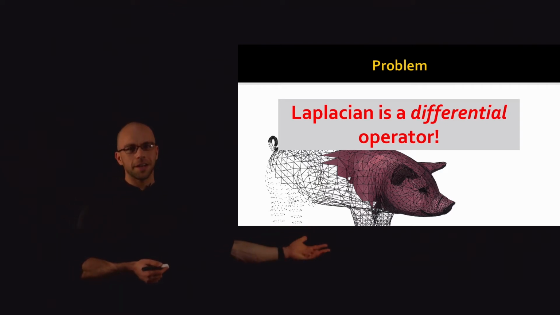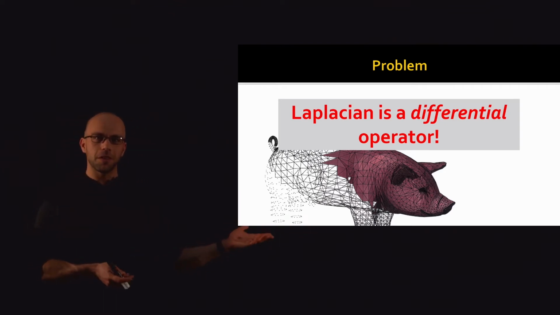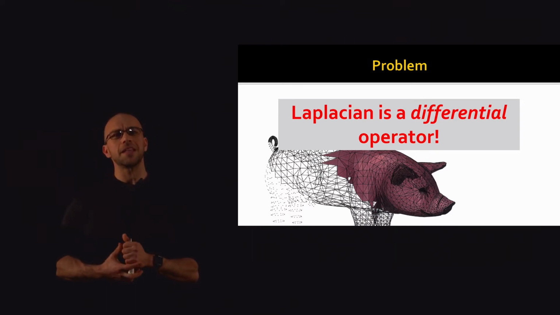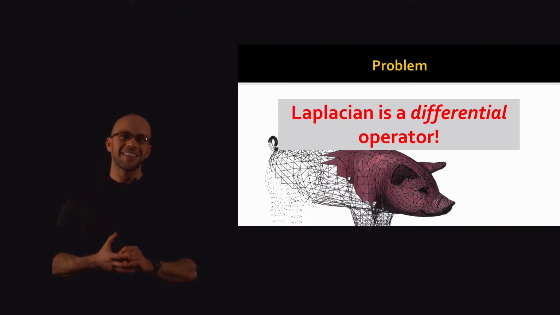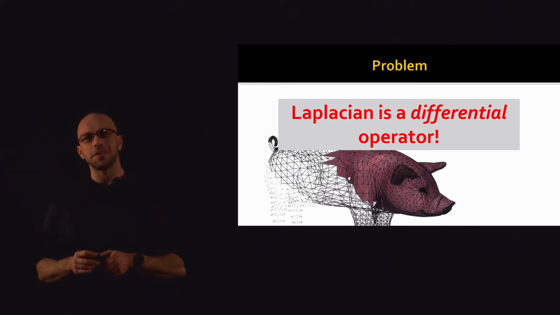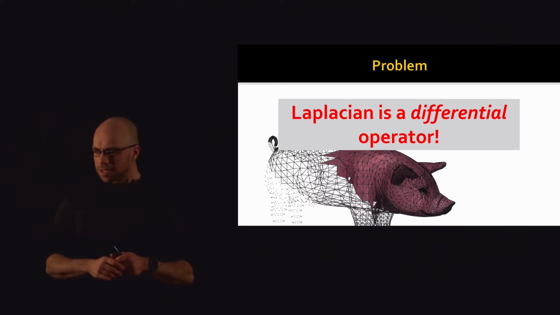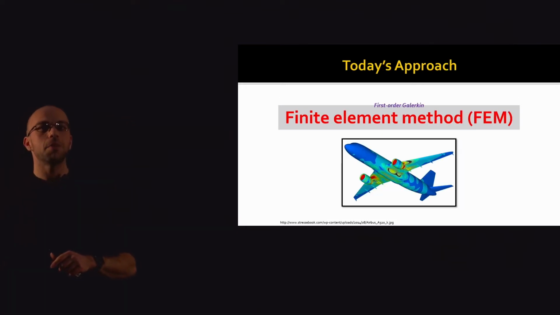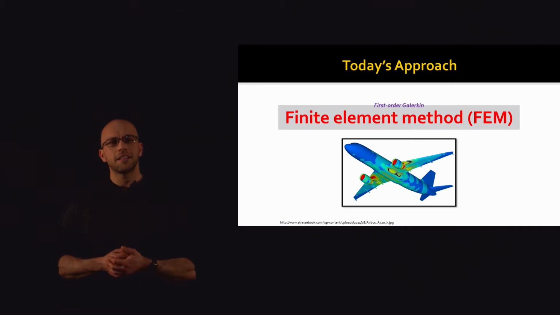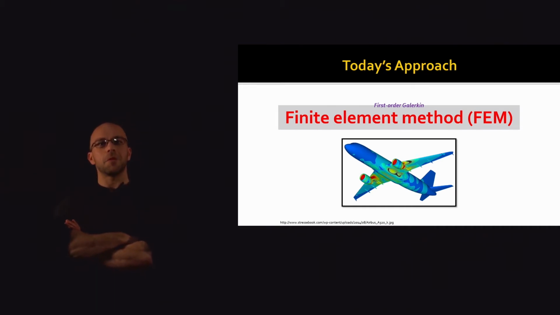Like we might have a triangulated surface like the right-hand side, or even worse, just a cloud of points, in which case it's really not clear what it means to approximate a second derivative, since we just don't have two derivatives to work with. We have a surface which is piecewise flat and has these facets which are simply not differentiable two times. So today what we're going to do is cover one really important approach, and I think a side benefit of today's lecture is that this approach to solving partial differential equations and approximating differential operators like the Laplacian is one of the most common approaches in engineering more broadly.